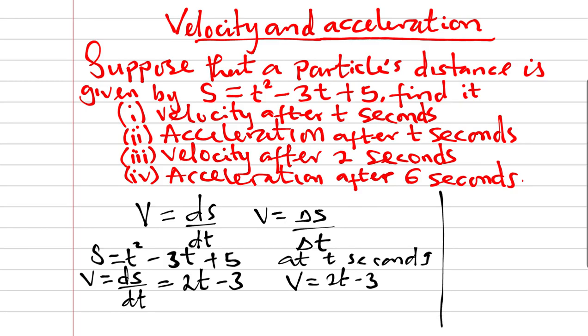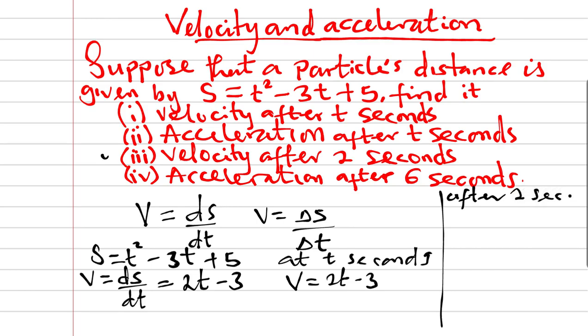Now let's come to this number 3 question. This number 3 question says after 2 seconds. This one is after t seconds. Now, after 2 seconds, what does that mean?